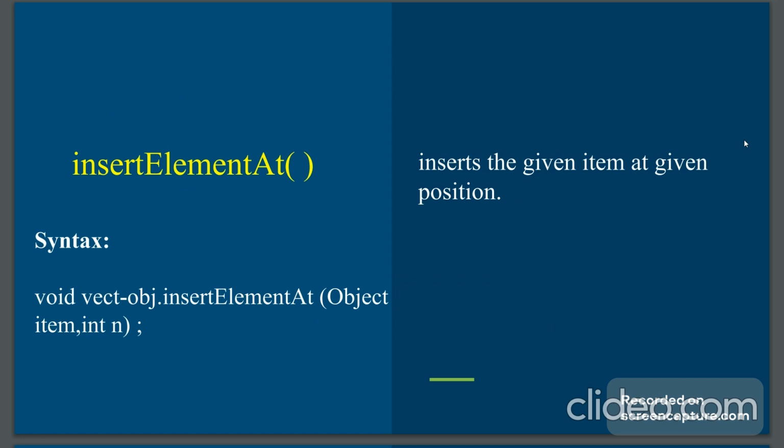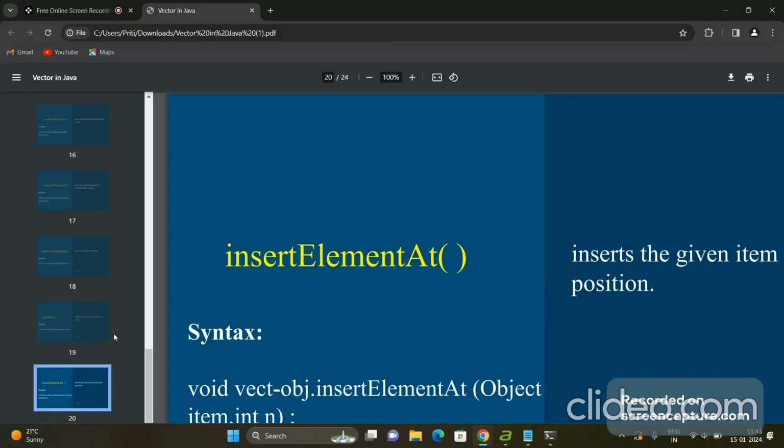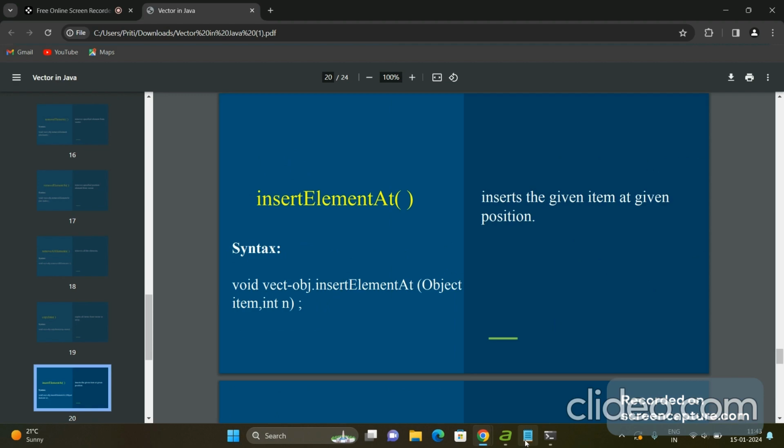So for that we have the insertElementAt method, with a capital E and A. Here we have to mention two parameters: the object which you want to insert, comma, the index position where you want to insert. Now let's see the code.